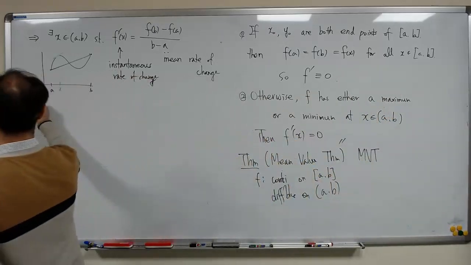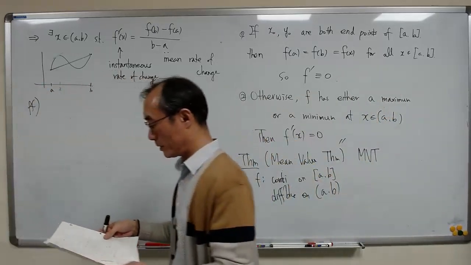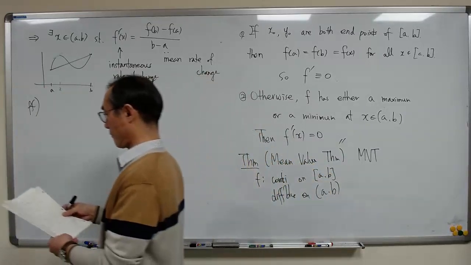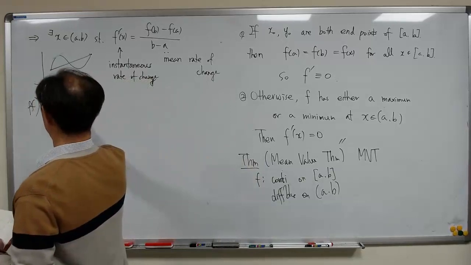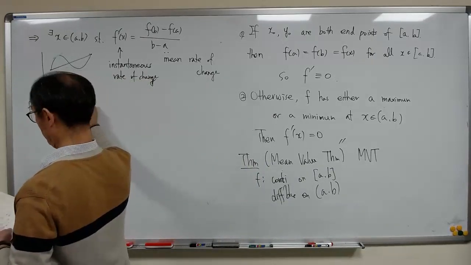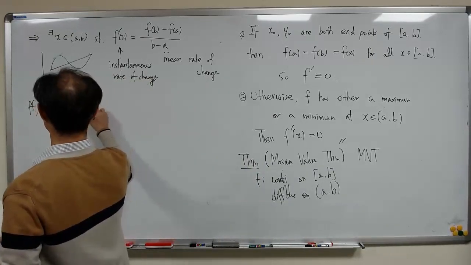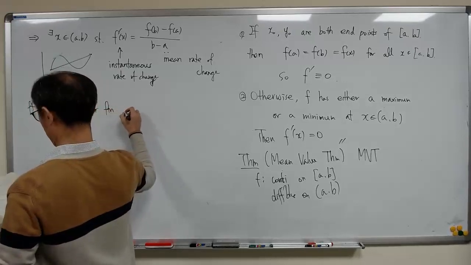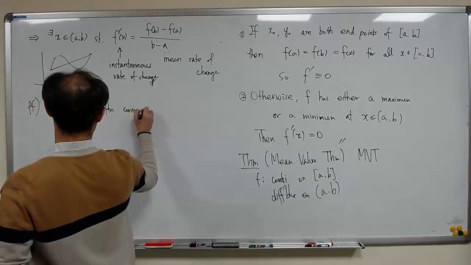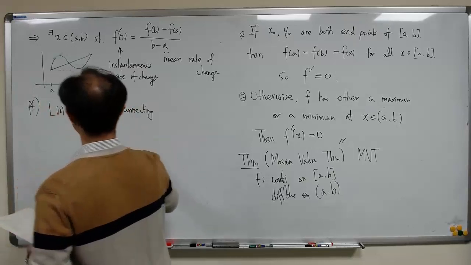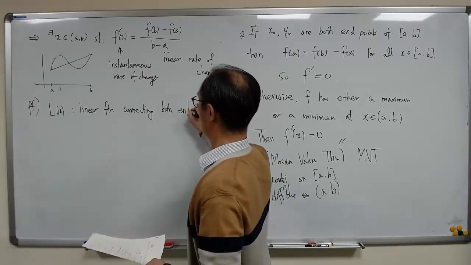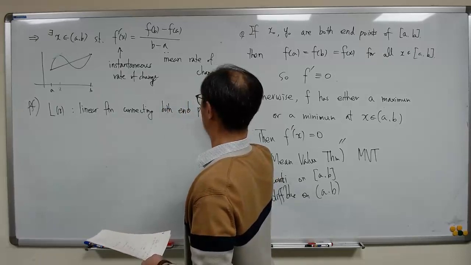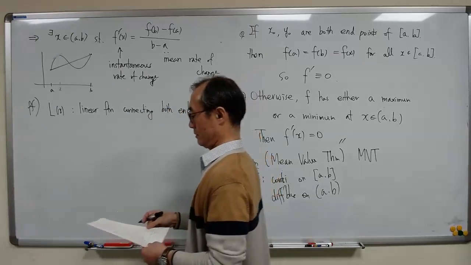Okay, how can you verify this property? Let's say L of x is the linear function connecting both endpoints of the graph.